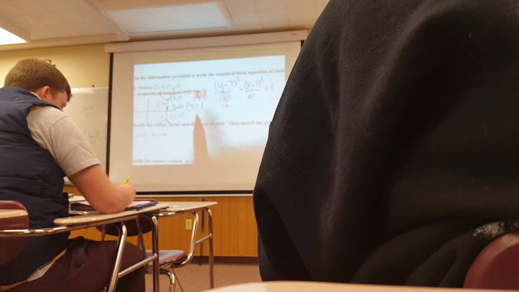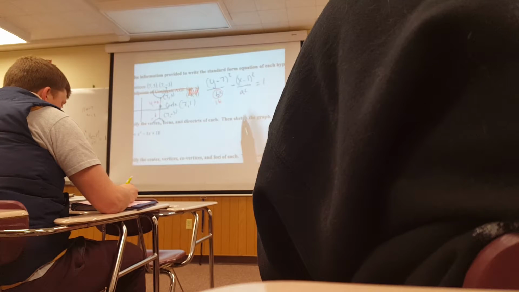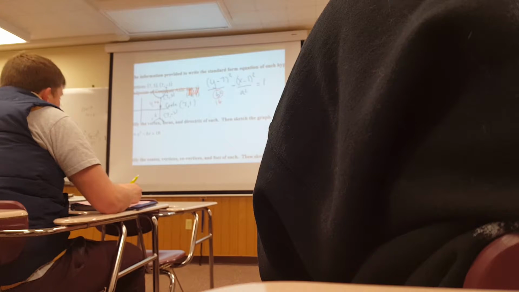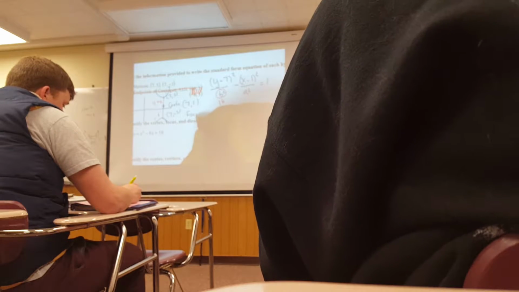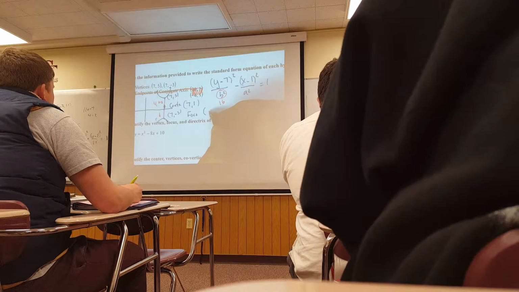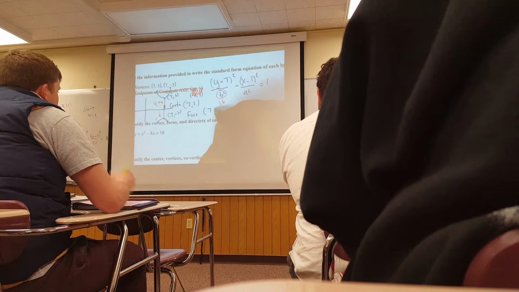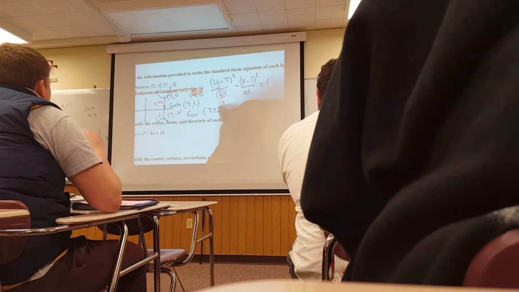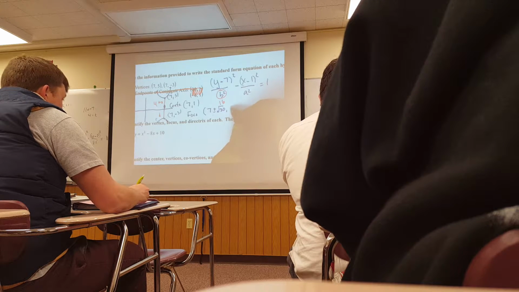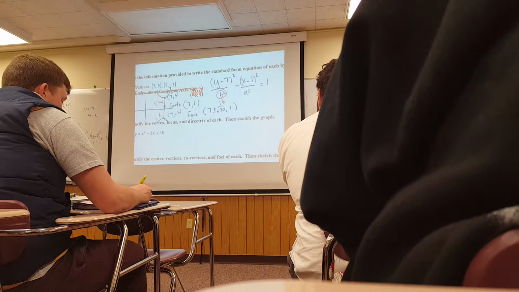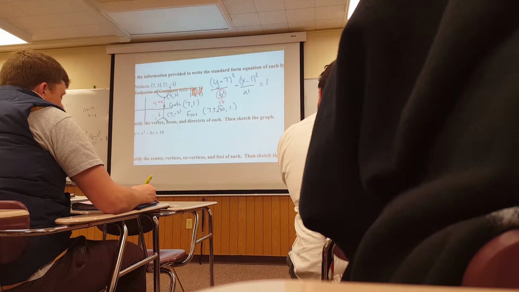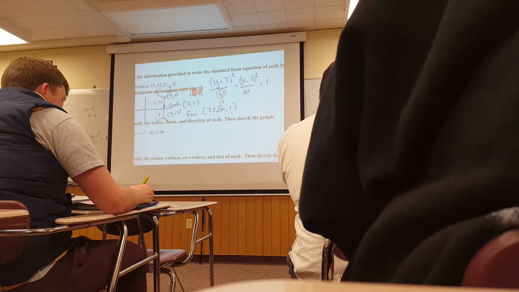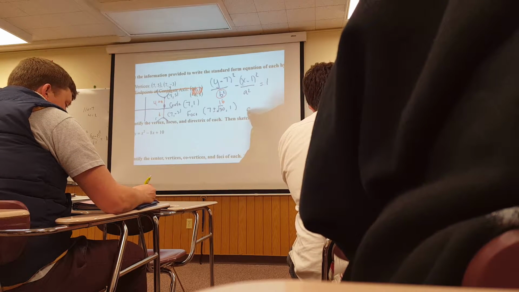All right, now here's where I'm going to tell you what the foci are. The foci are going to be 7 plus and minus the square root of 30, comma 1. So, what does c equal here?